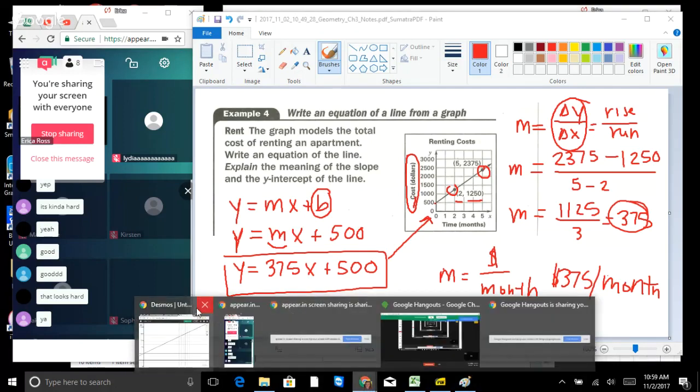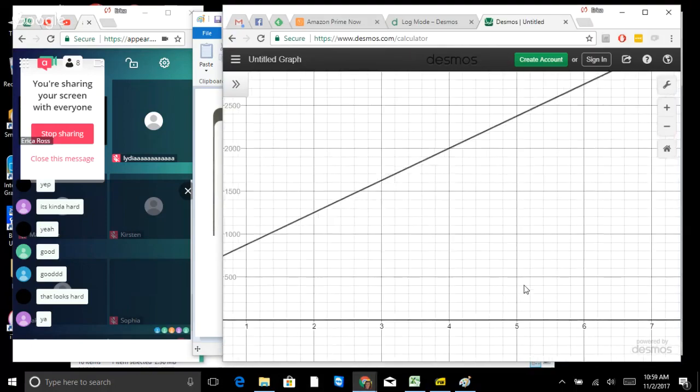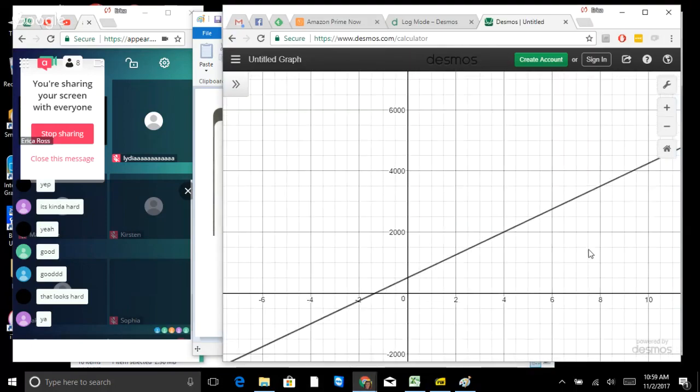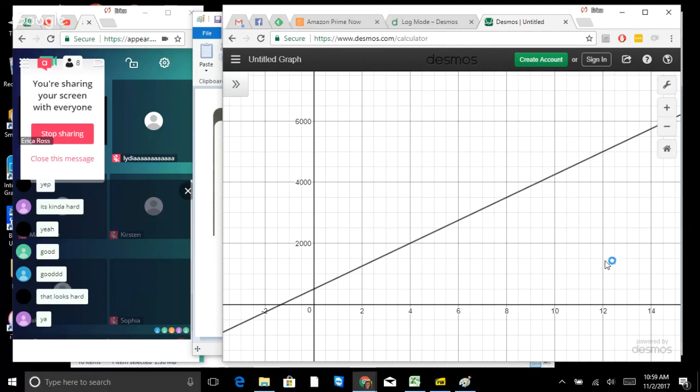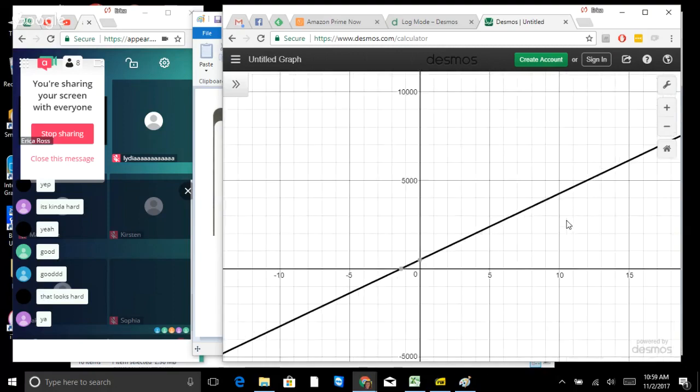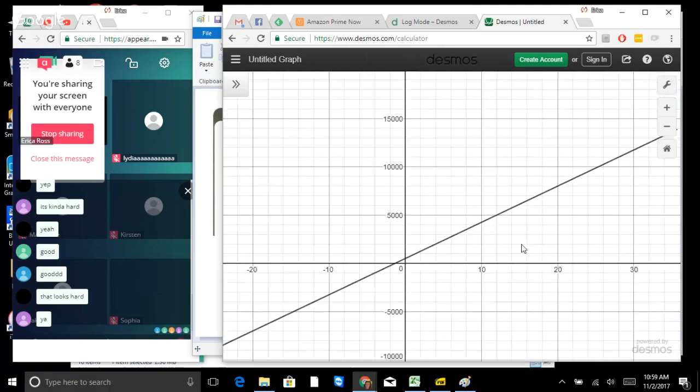So then, really geeky, if you stayed in your apartment for 12 months, then you will have paid a total of $5,000. Let's say that you find an apartment and you never leave.